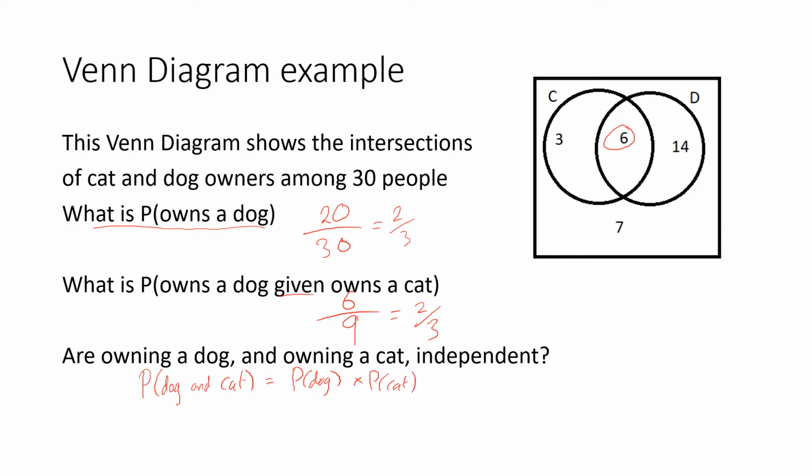Now, probability of owning a dog and a cat is these 6 people here, so that's 6 out of 30. And the probability of owning a dog, we worked out as being 2/3. The probability of owning a cat is 9 out of 30. And we end up with this equaling 1/5 and this equaling 1/5. So yes, they are independent.